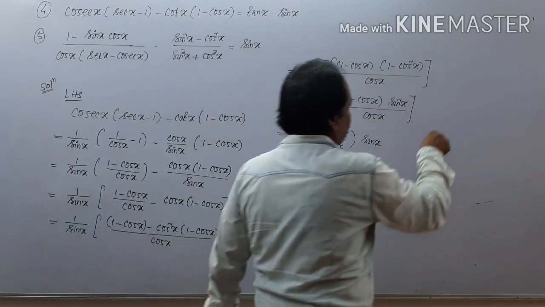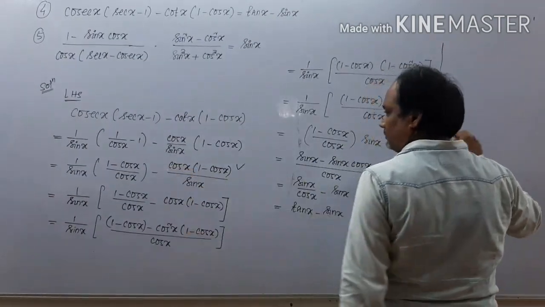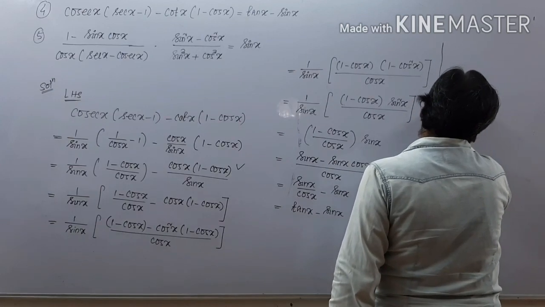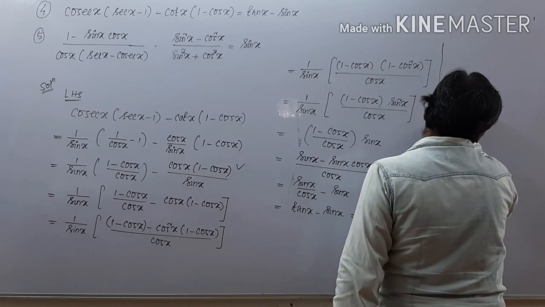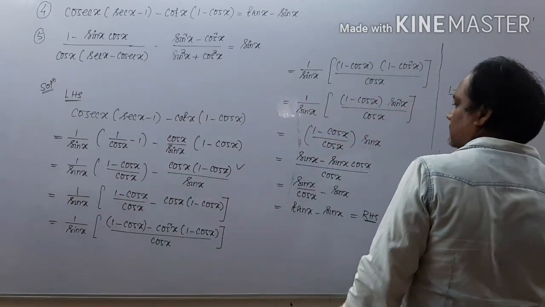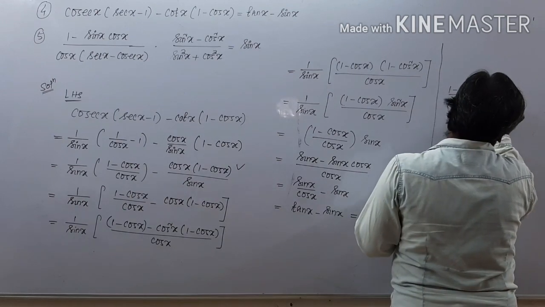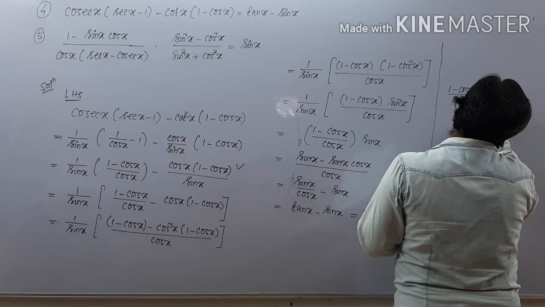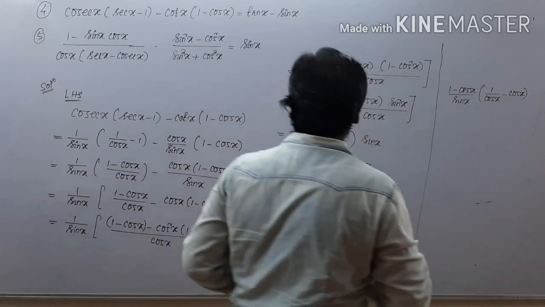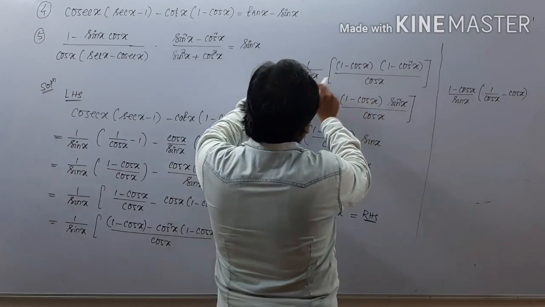Likewise, in the third step directly you can write 1 minus cos x divided by sin x, and you will get 1 by cos x minus cos x, right? So you will directly come to this particular step.